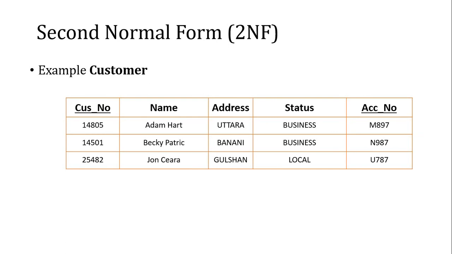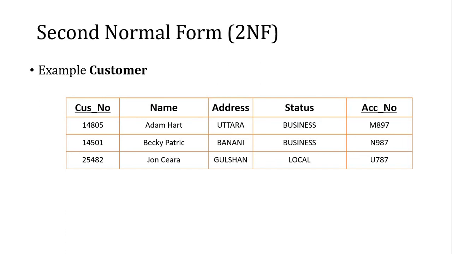So here you see that on the customer no., name is dependent. On the account no., it might be dependent on address or something like that, or status. So all the non-key attributes are not dependent on its primary key, because account no. has some different type of values and customer no. has some different type of values.